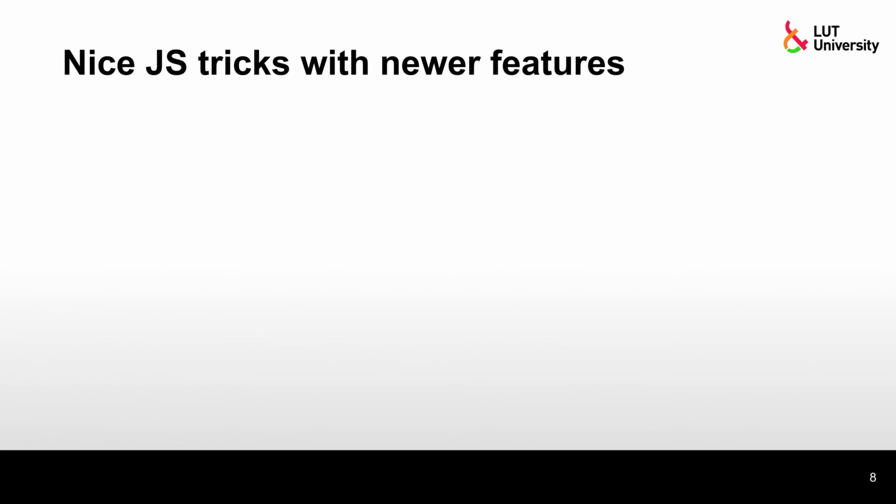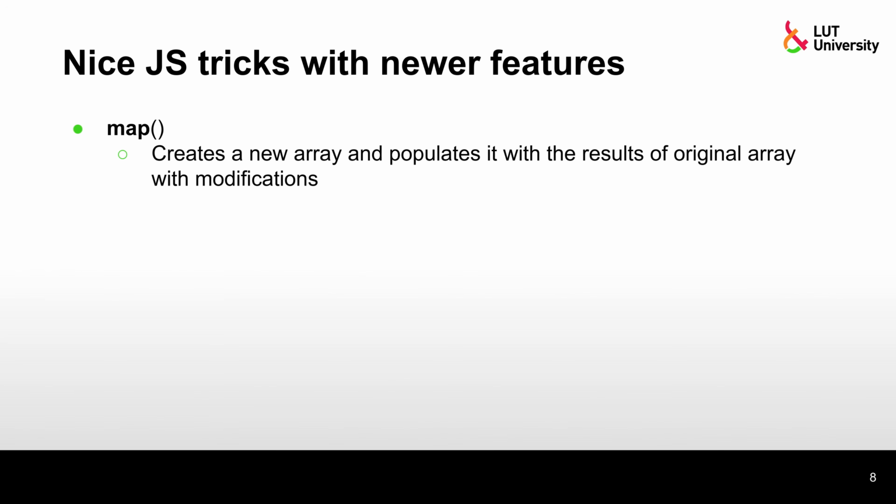Then there are several nice JavaScript tricks with these newer features of JavaScript. For example, we have a map method, and it creates a new array and populates it with the results of the original array with modification. In a way it's similar to for each, but this will return something to you, and then you can work with the return value.